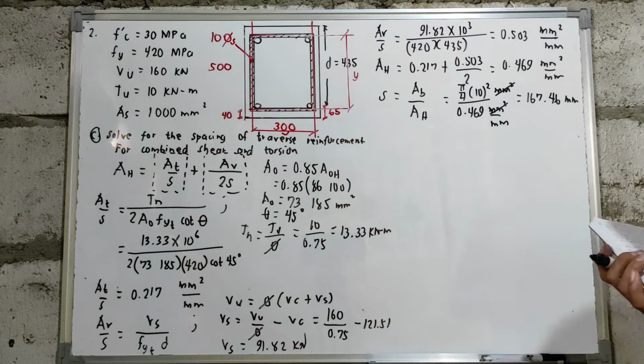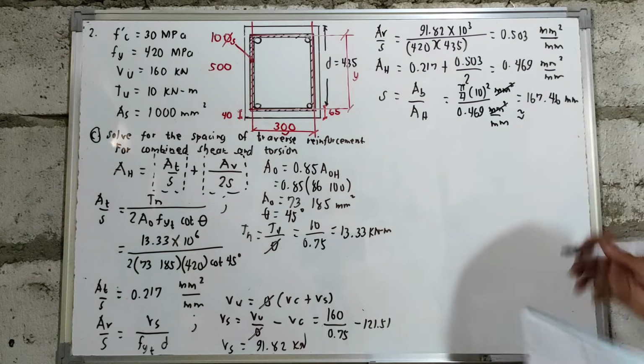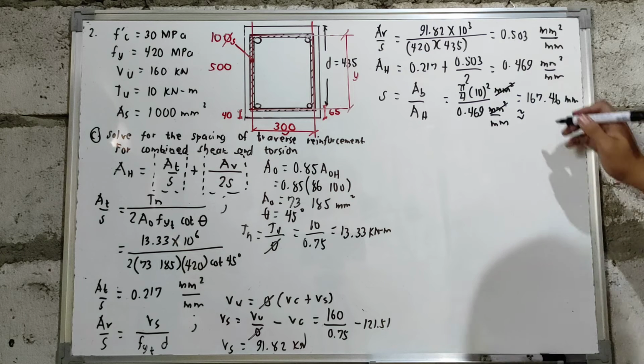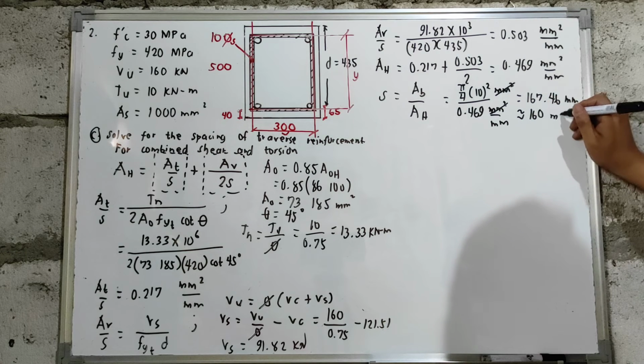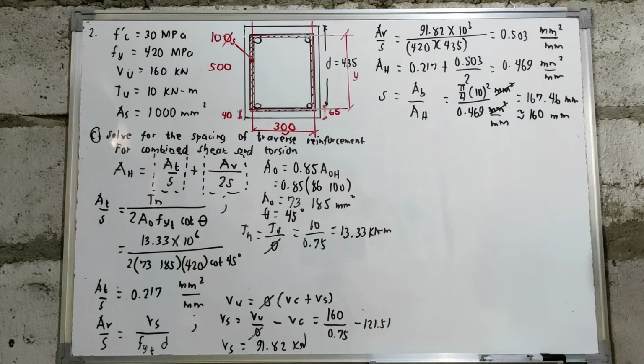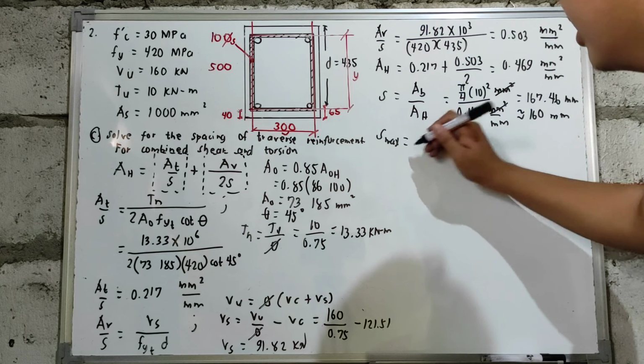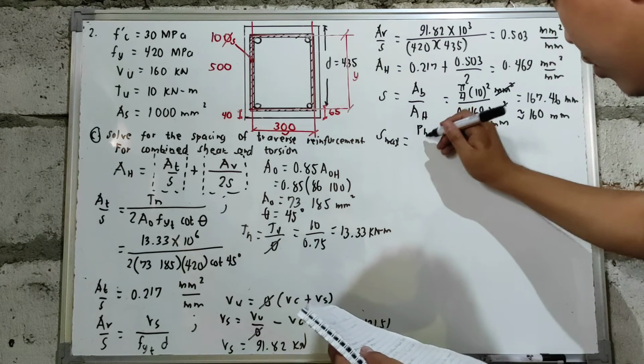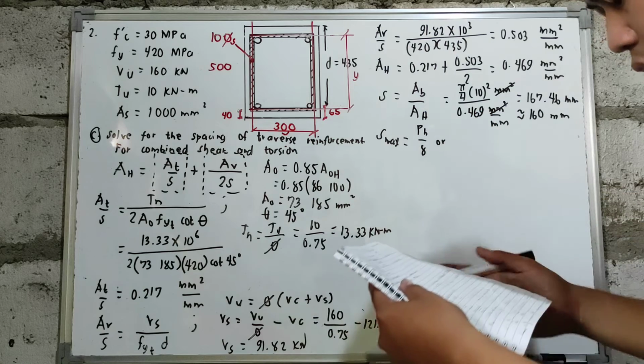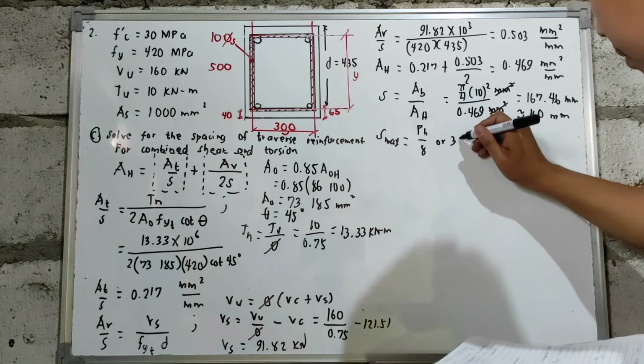mm. However, when getting the spacing, we should round down. There should be no fractions. So, we have 160 mm. After we calculate the spacing, we compare it to the value of our S-max, which is Ph over 8 or 300 mm.